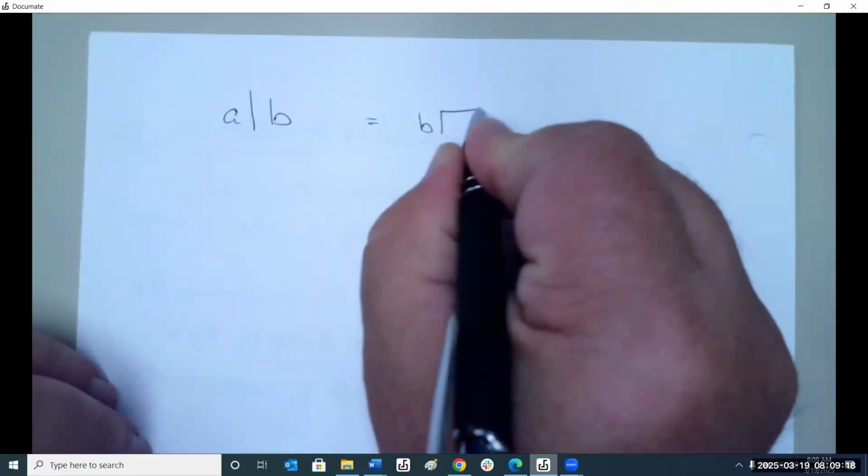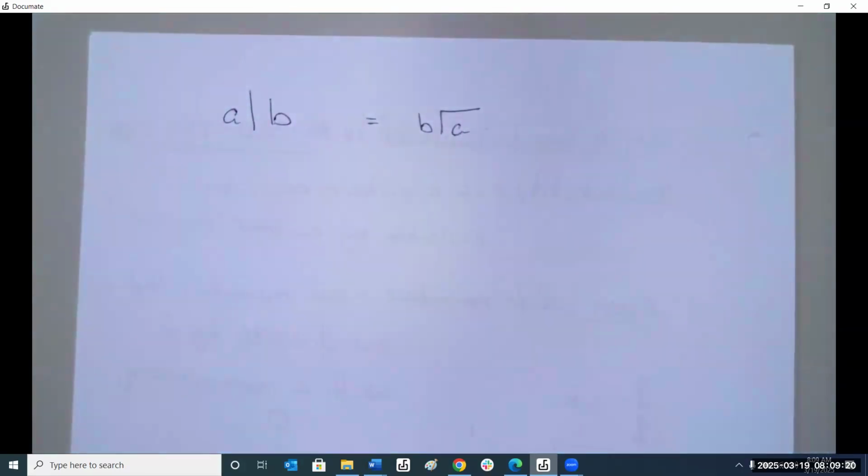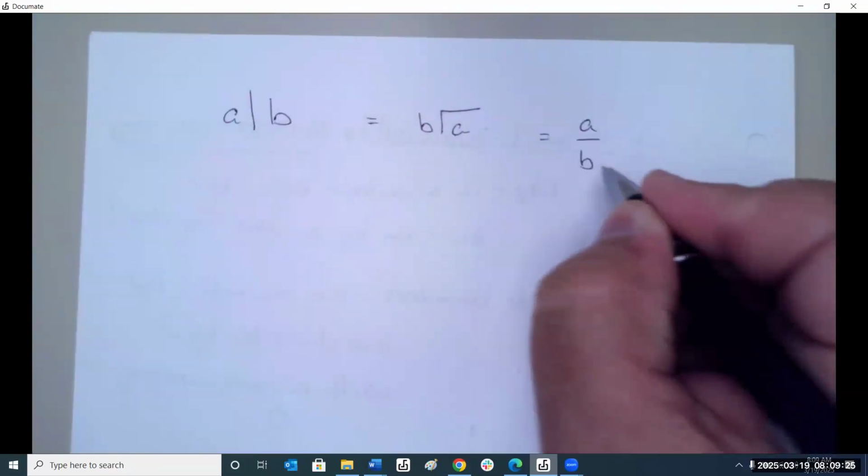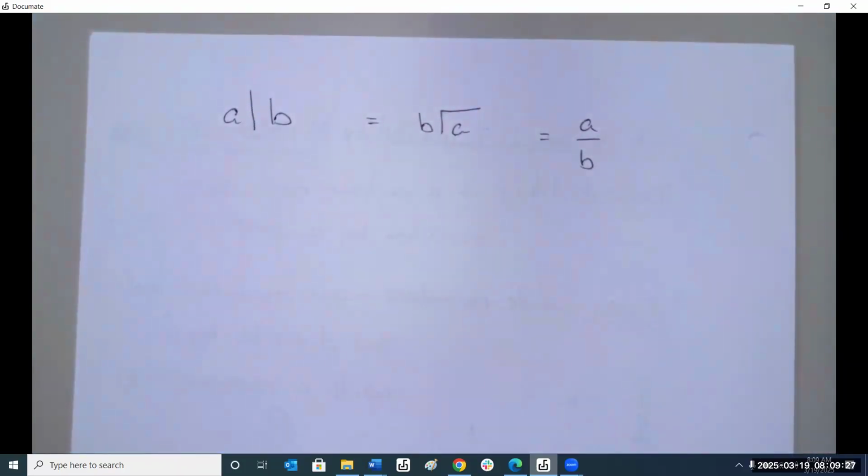Ever seen that symbol before? How about that? How about that? These mean the same thing.